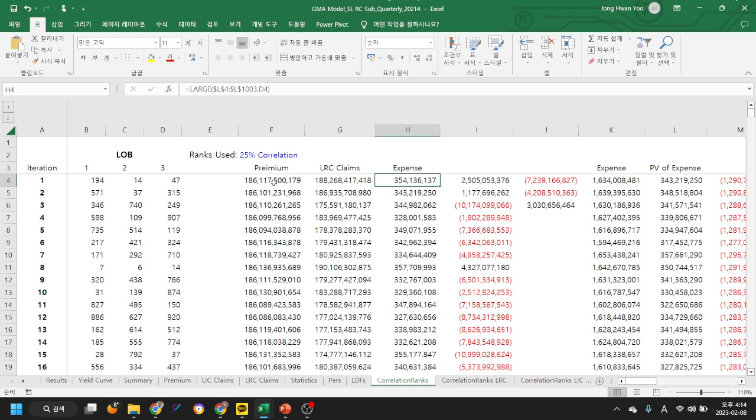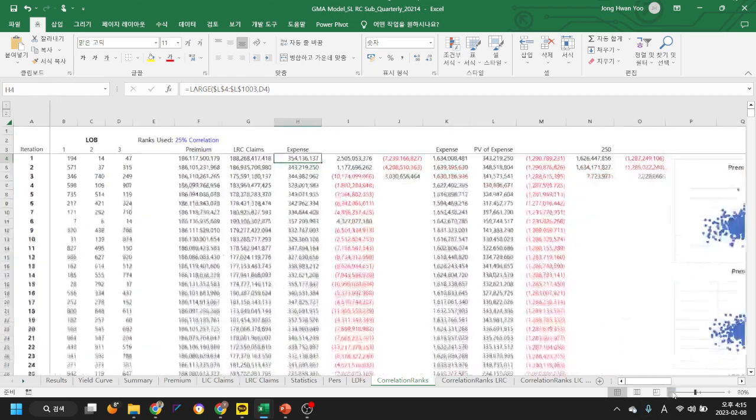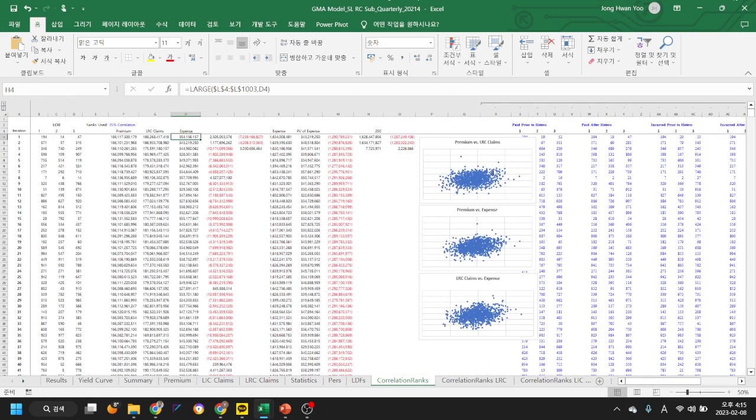If we sort it in ascending fashion, you could get the ranks, right? From the smallest to the biggest, you get a rank running from 1 to 1,000. And then if I impose the correlation, there is only rank reshuffling. Based on this 25 correlation coefficient, and these are premium-claims, premium-expense, and claims-expense, those things.